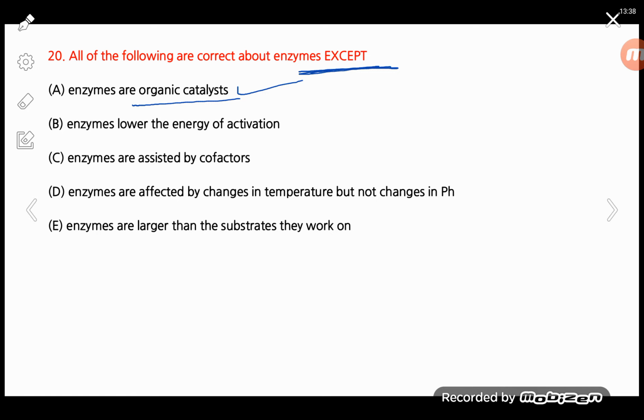Enzymes lower the activation energy. As we said, guys, we have activation energy. When there are enzymes, the enzymes will decrease the activation energy. That way, energy will be used for other purposes in our body, for other functions.